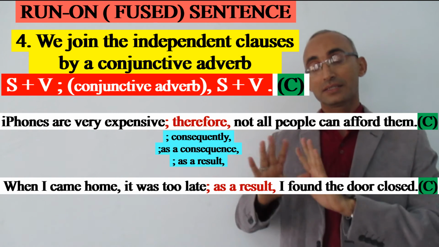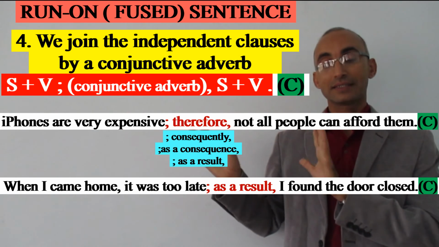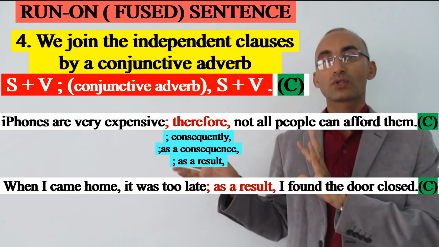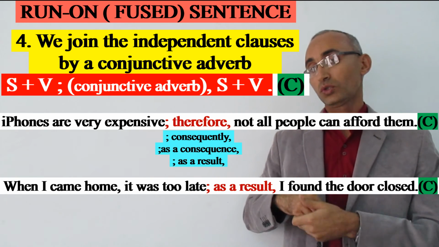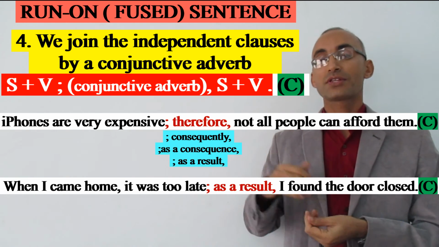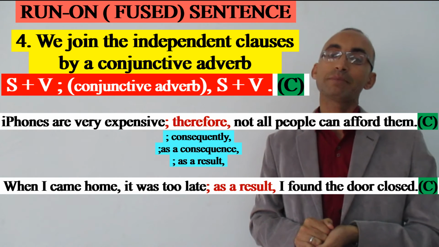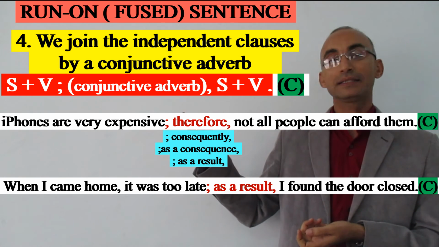So, until now, through these four ways of correction, we have corrected this run-on sentence or fused sentence using mainly the markers of the compound sentence. I mean in ways number 2, 3, and 4.